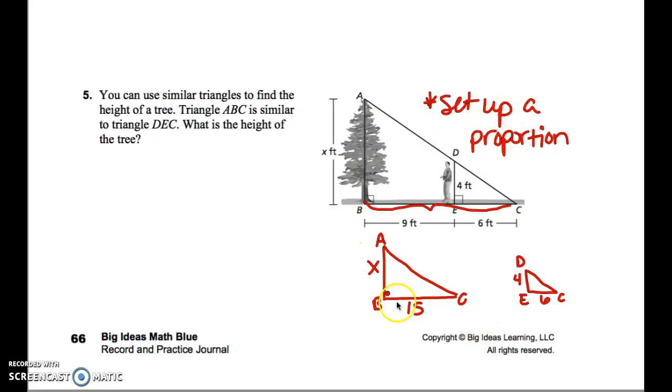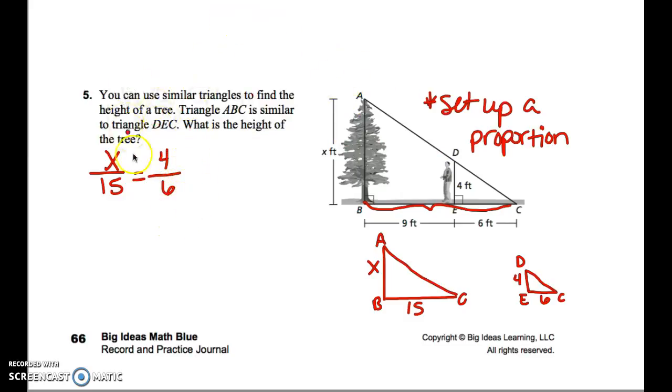So have the big triangle be one fraction, so x over 15, and have the little triangle be the other fraction. Now, since I put the x as the numerator, what corresponds with the x over here? That would be the 4, so it has to be the numerator. And then the denominator would be 6.